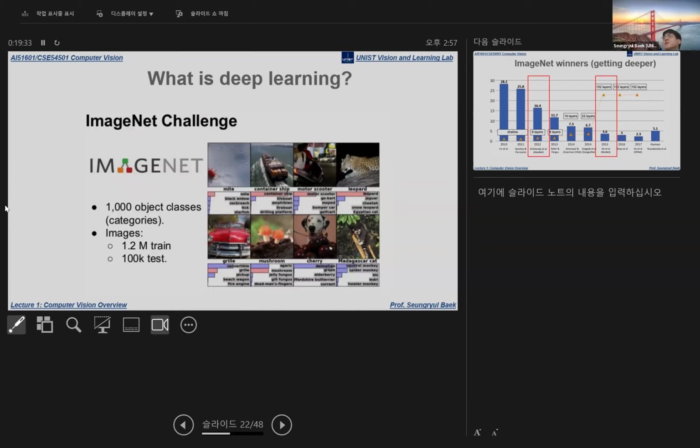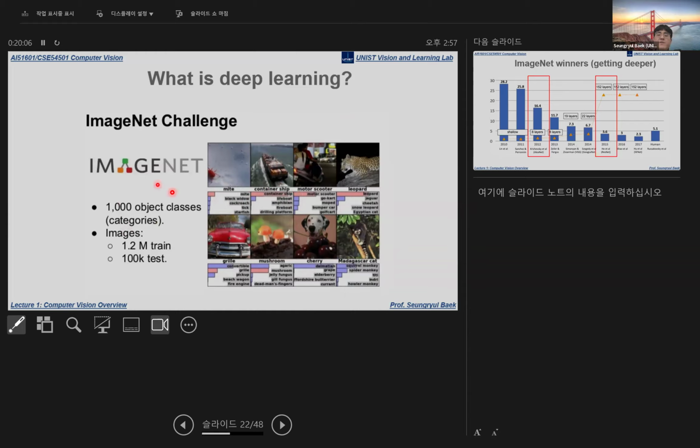Have you heard about this ImageNet dataset before? Please raise your hand if you have heard about the ImageNet challenge or dataset. Okay, some of you already know about this. The ImageNet dataset is a large-scale dataset collecting images and their corresponding object classes, the labels.